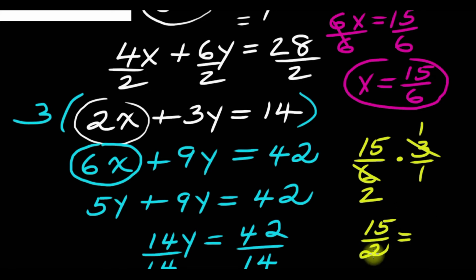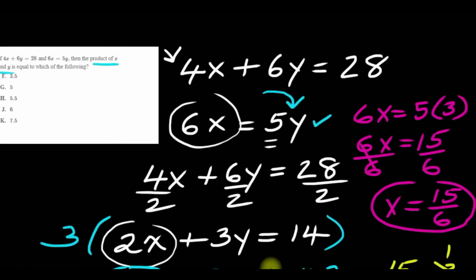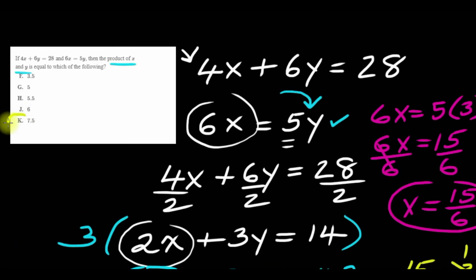Well, 15 over 2 is the same as 7 1/2, or 7.5. Okay, so your product of x and y is 7.5. And then here we would pick K for the correct answer.